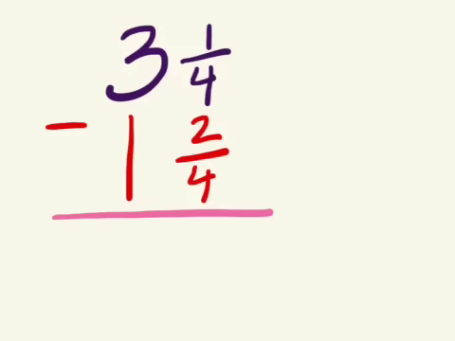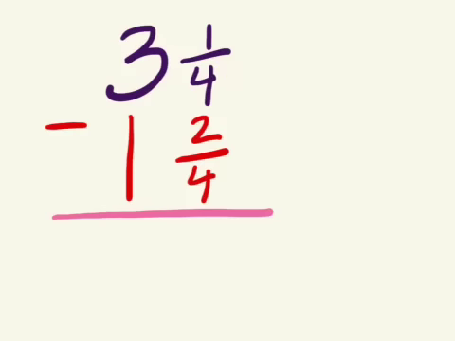Just like we do when we're going from hundreds to tens to ones, now we're going from whole numbers to fractional parts. We're still going to, and I hate to use this word borrow because we're not really borrowing it and putting it back, but we're going to regroup or borrow 1 whole from the 3 because it's got plenty to give and I need more over here.